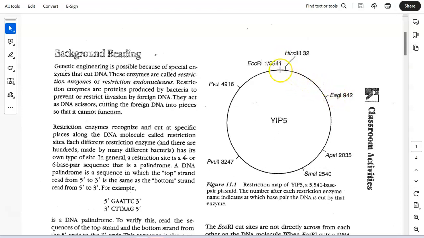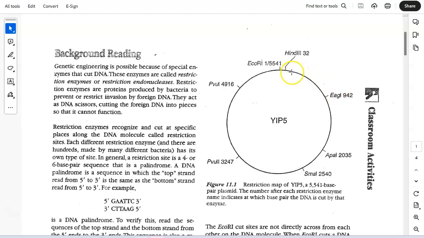And to say how long those fragments are going to be, we're just going to do math. The first fragment is going to be from base 1 to base 942, so that fragment is going to be 942 base pairs long. For the other fragment, I can simply take 5,541 and subtract 942. That gives me 4,599.